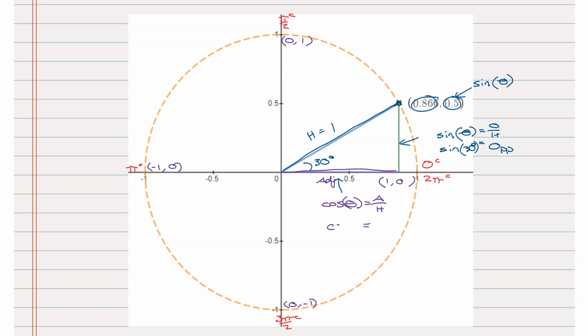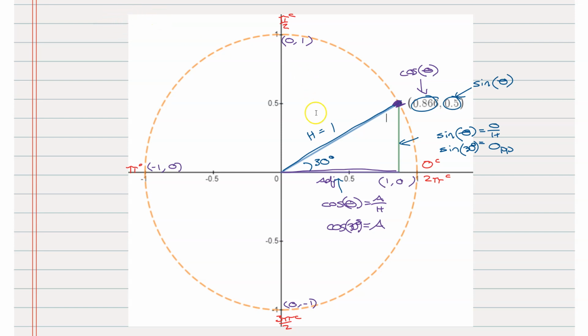The hypotenuse is 1, remember. Substituting in 30 degrees, the adjacent side is simply that. So this first coordinate is simply cosine. What this tells us is the position of this dot, no matter what its location around the circle, can be explained by the cosine followed by the sine function.